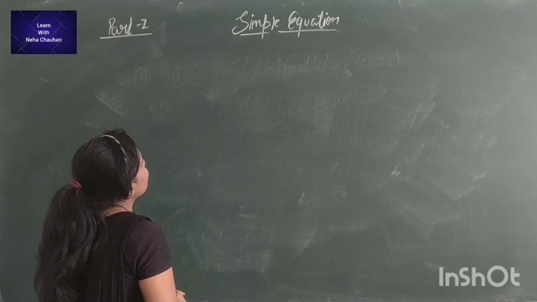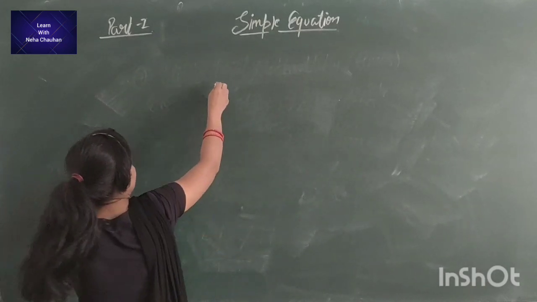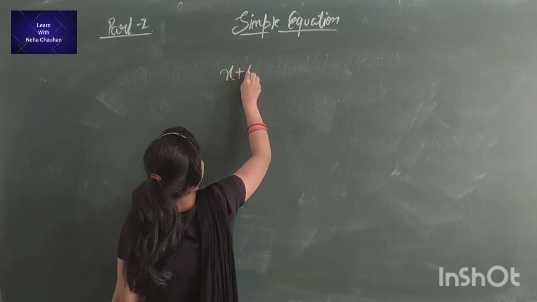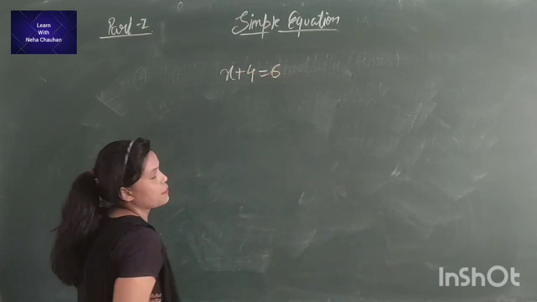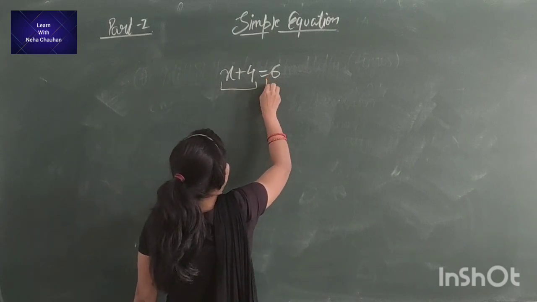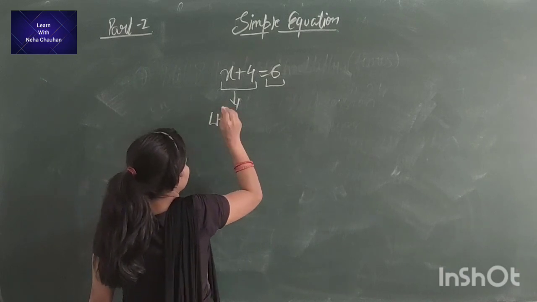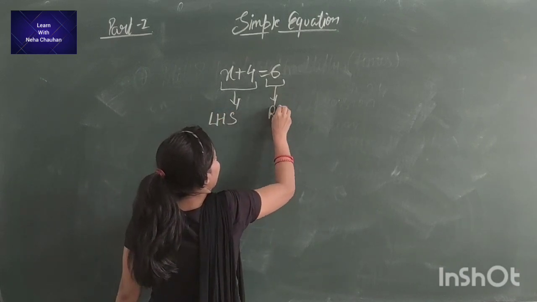So now, if we take an equation, let's take the same equation x plus 4 equals to 6, right? It consists of two sides, this side and this side. This is known as LHS and this is RHS.